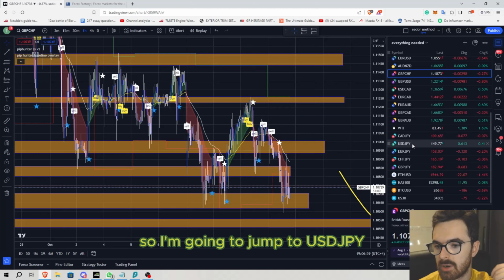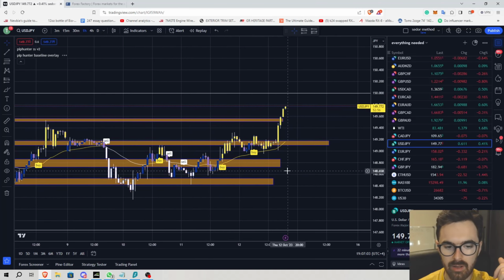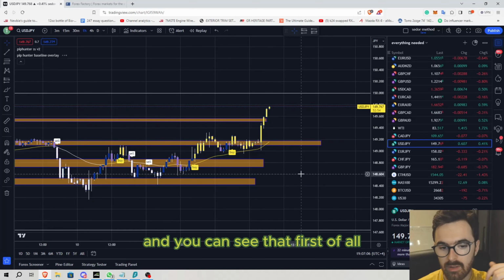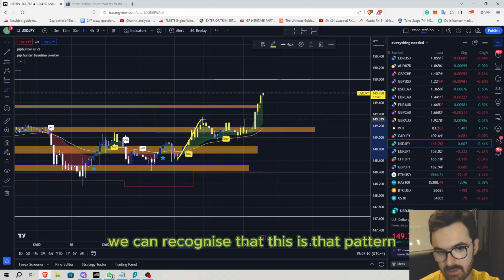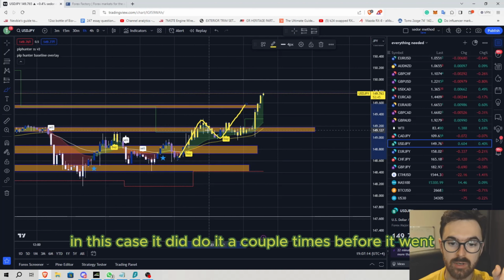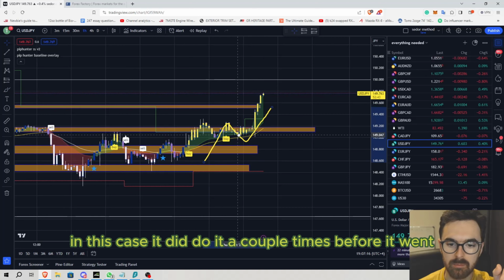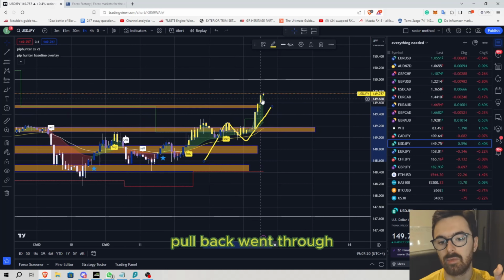So I'm going to jump to USD JPY. And you can see that, first of all, we can recognize that this is that pattern. In this case, it did do it a couple times before it went. But even here, you can see that this broke up, pulled back, went through.